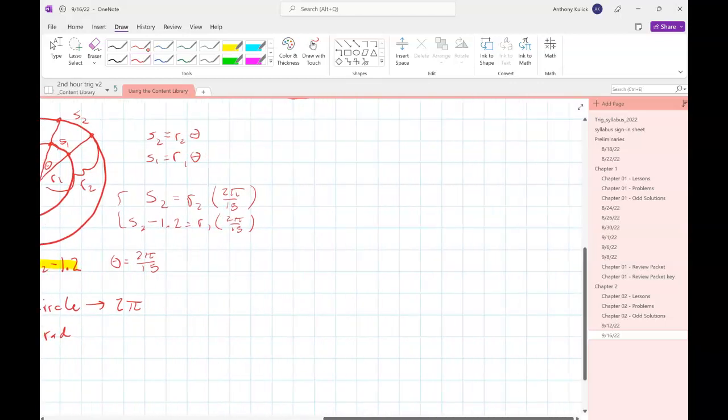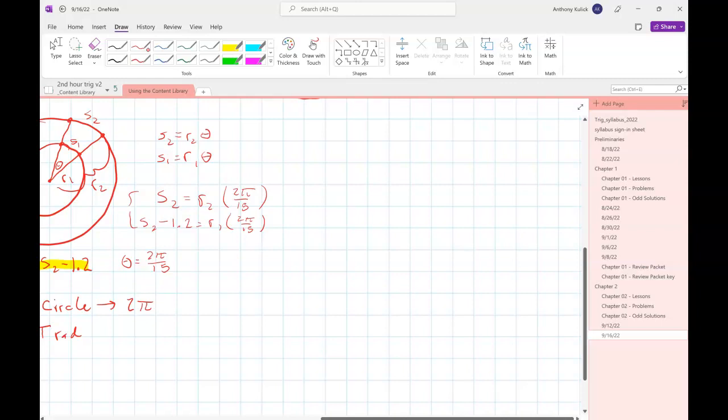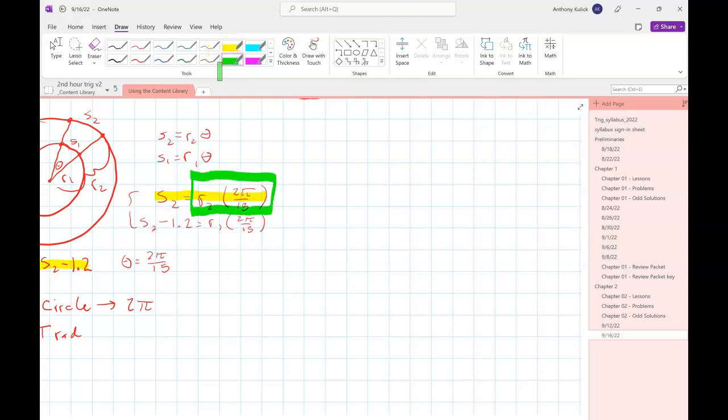All right. So this is my system that I'm going to solve. It suggests I use substitution to do that. Okay. So what I'm going to do is use the first equation, which tells me that S2 is this, and I'm going to substitute it in for the S2 in the second equation. So that's going to give me R2 times 2 pi over 15 minus 1.2 is equal to R1 times 2 pi over 15.